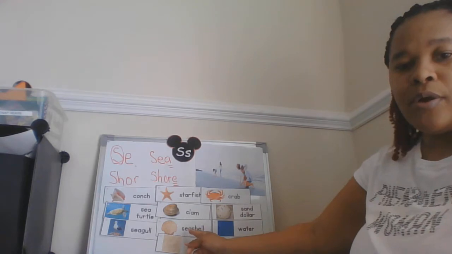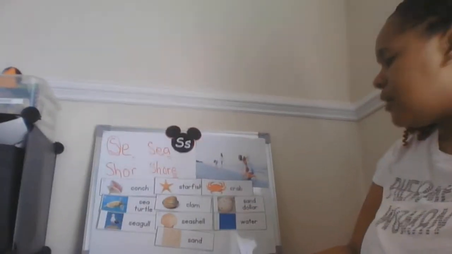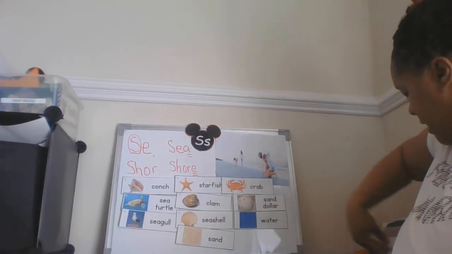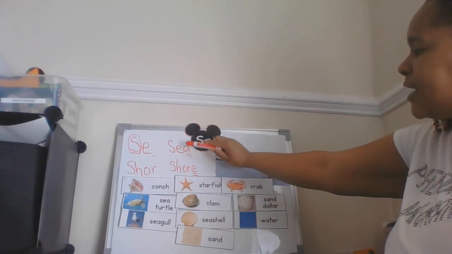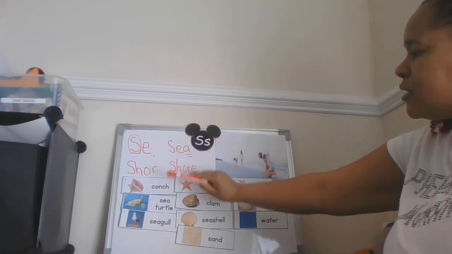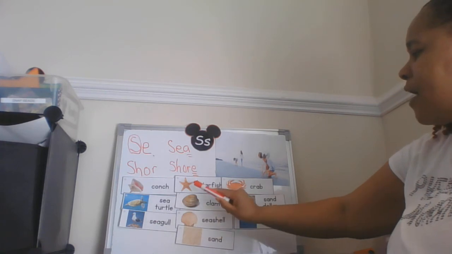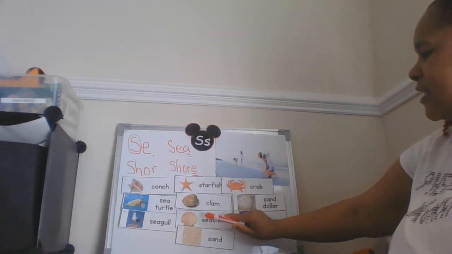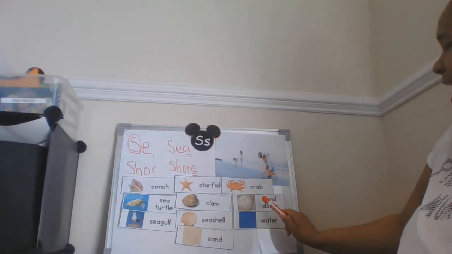So let's look at our words. Let's see how many S words we have. Okay? We have 1, 2, 3, 4, 5, 6, 7, 8.